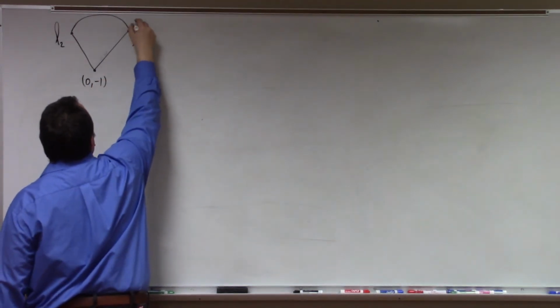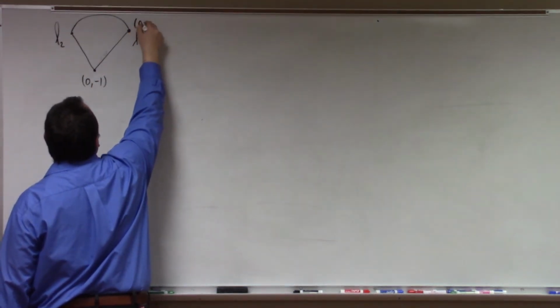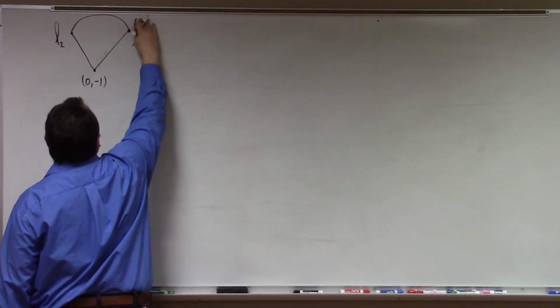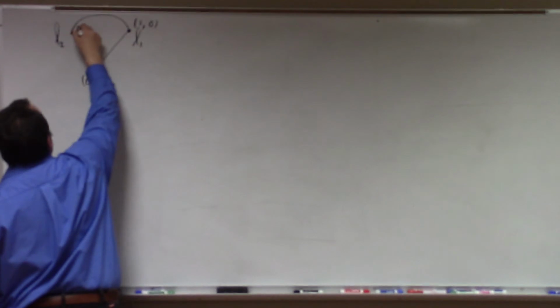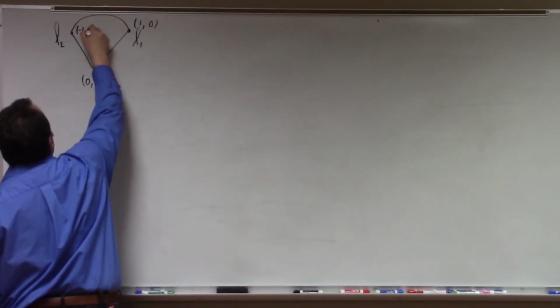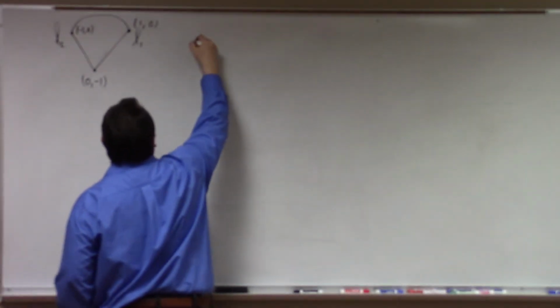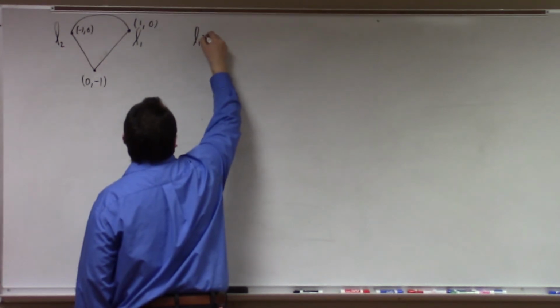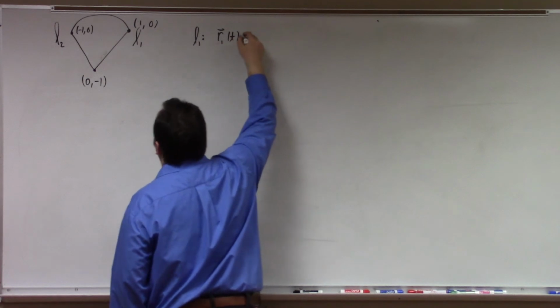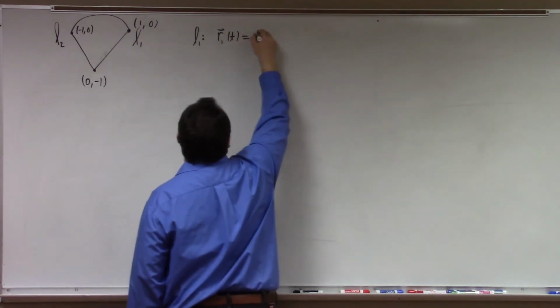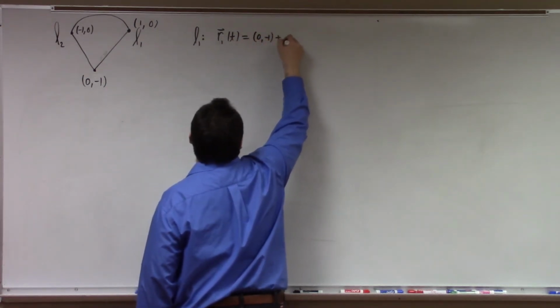So we just have to find parameterizations of these line segments. All right, so like L1, we would look at R1 of t equal to what? I'll start with 0, minus 1, plus t times what?